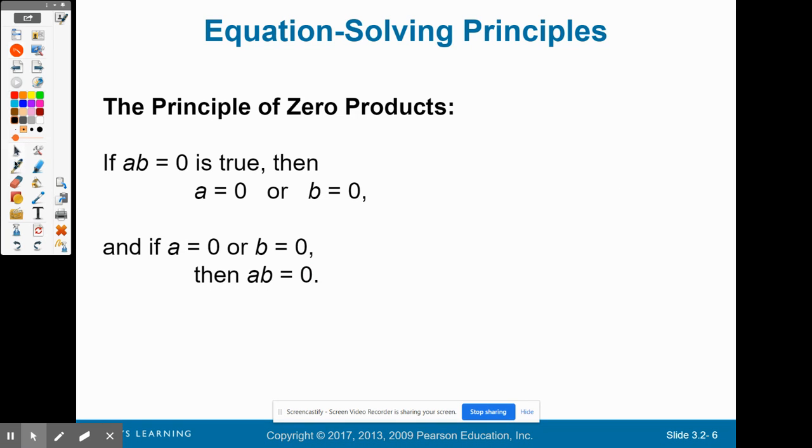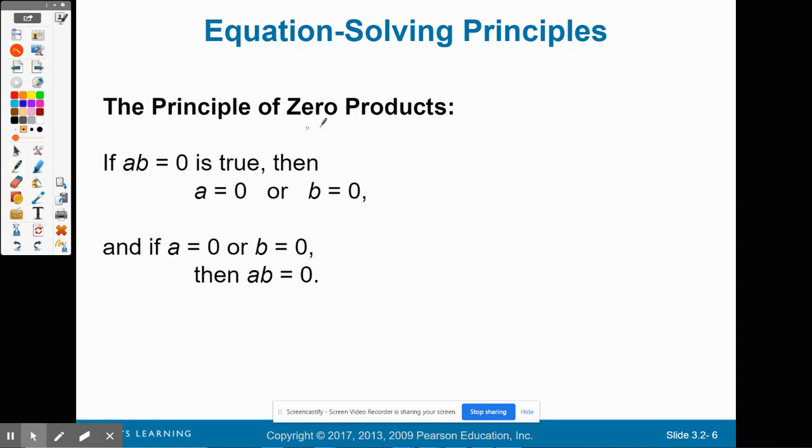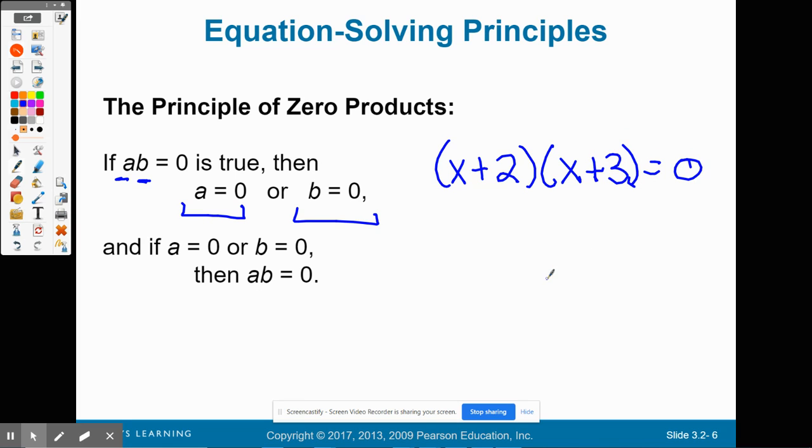So let's practice. The first thing is the principle of zero products, and this is what allows us to solve equations using factoring. Basically what it says is this: if you have a number a being multiplied by a number b and it equals 0, then one of those two has to be equal to 0. So when you have a quadratic in factored form, that really is saying that this is a number and this is a number and they're being multiplied together and it equals 0.